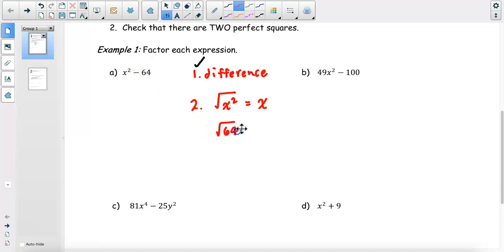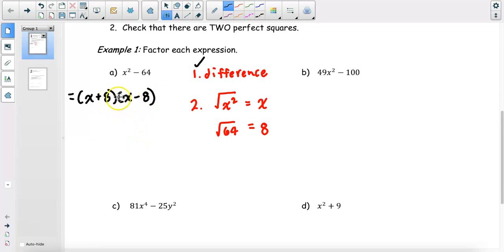So the square root of 64 is equal to 8. Since these can both be square rooted, they are perfect squares, so we can utilize our square rooted values here as a nice shortcut that we could write this as x plus 8, x minus 8.